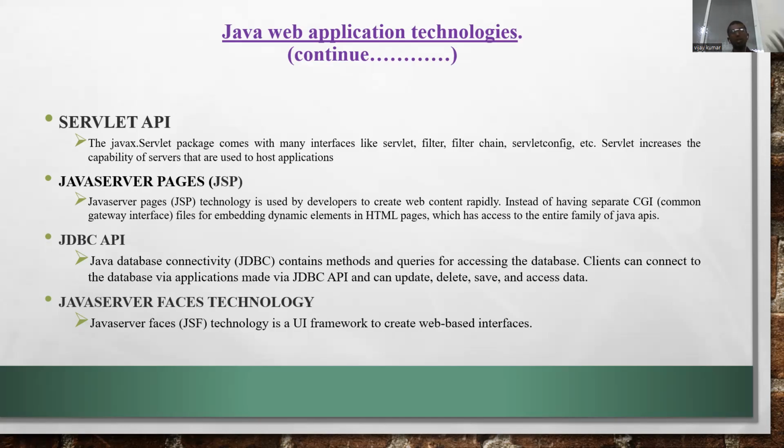Then Java Server Pages is one of the technologies used to create web content rapidly. And then there is the JDBC API, which is used to connect the database to the applications.